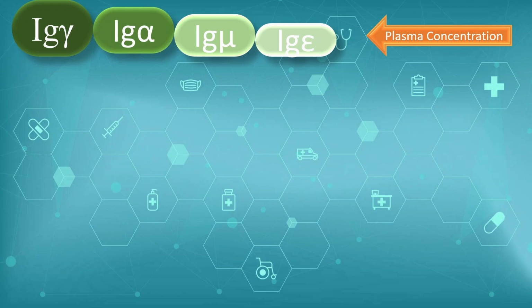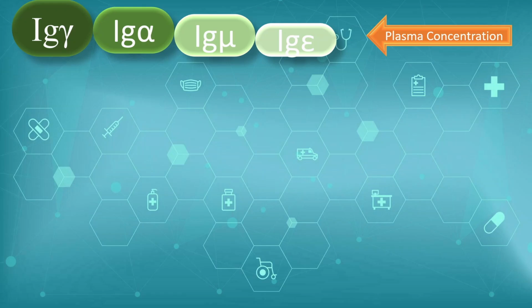Immunoglobulin G has the longest half-life, followed by alpha and mu, and immunoglobulin E has the shortest half-life, which is around 2 days, and for immunoglobulin G it's around 20 to 23 days. And this long half-life is due to a special receptor on the membrane of endothelial cells, the neonatal Fc receptor, which will bind immunoglobulin G, and immunoglobulin G will be taken up by endosomes into the endothelial cells.